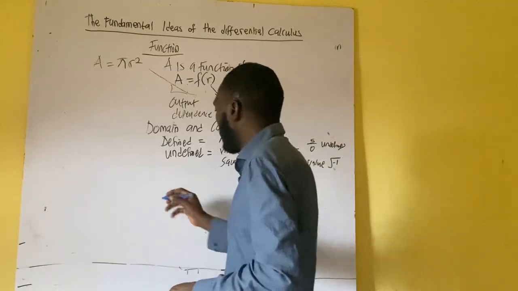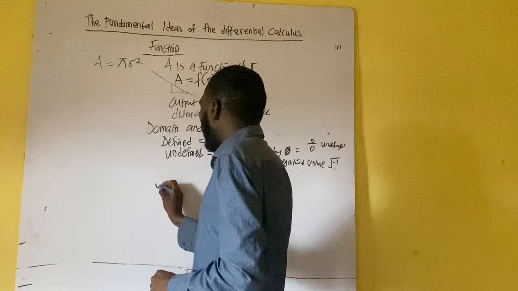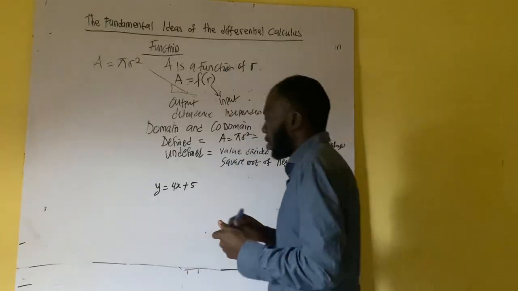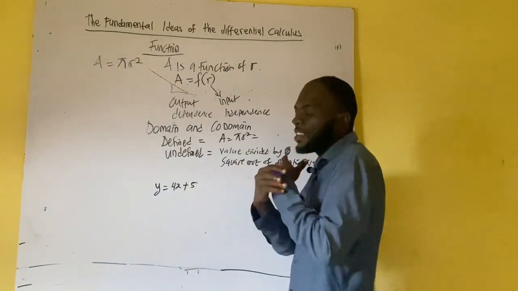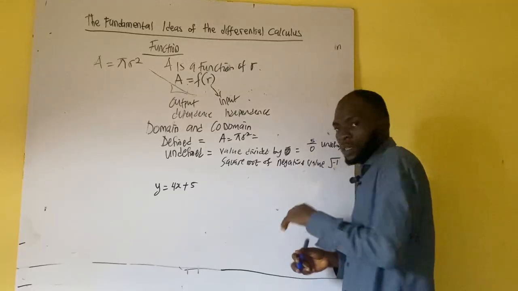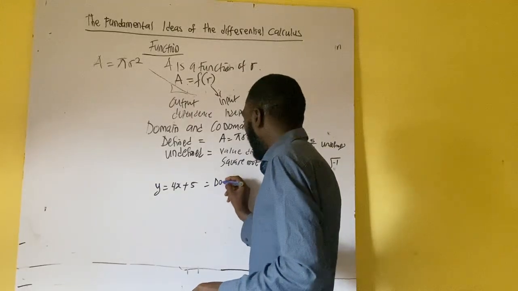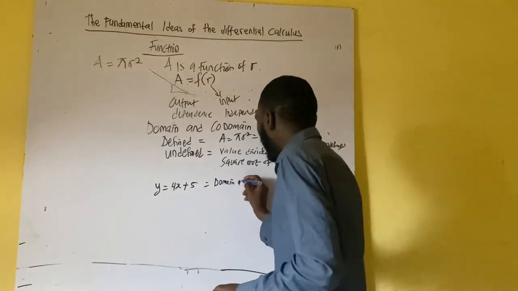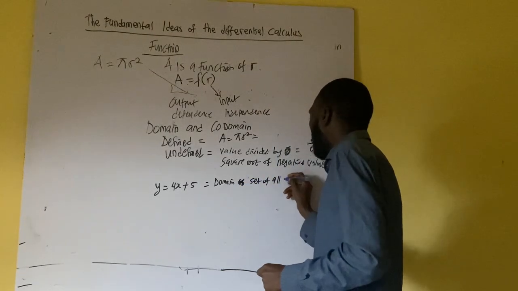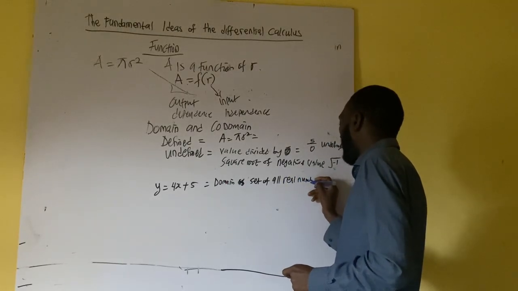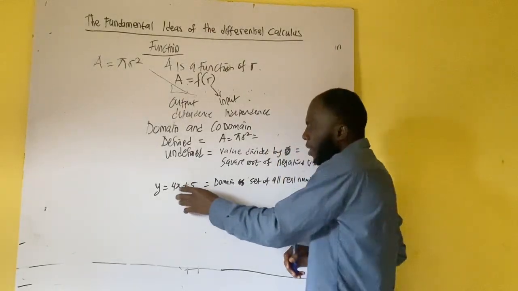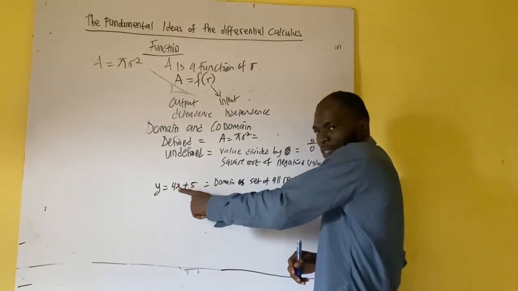So domain and codomain now. If I have y equal to 4x plus 5, for this x, if I have any number, there's no way I'm going to get 5 over 0 or the square root of -1. The domain of this one is the set of all real numbers, because anything can suit this x.